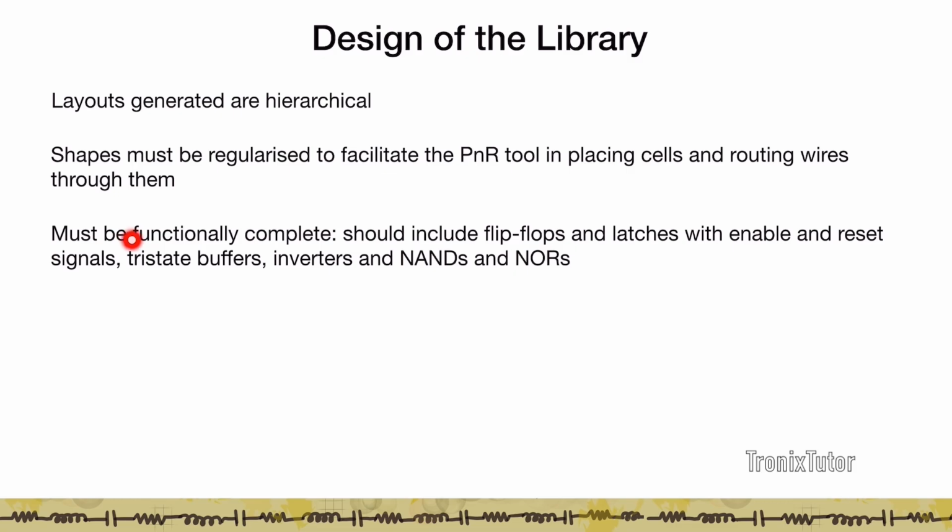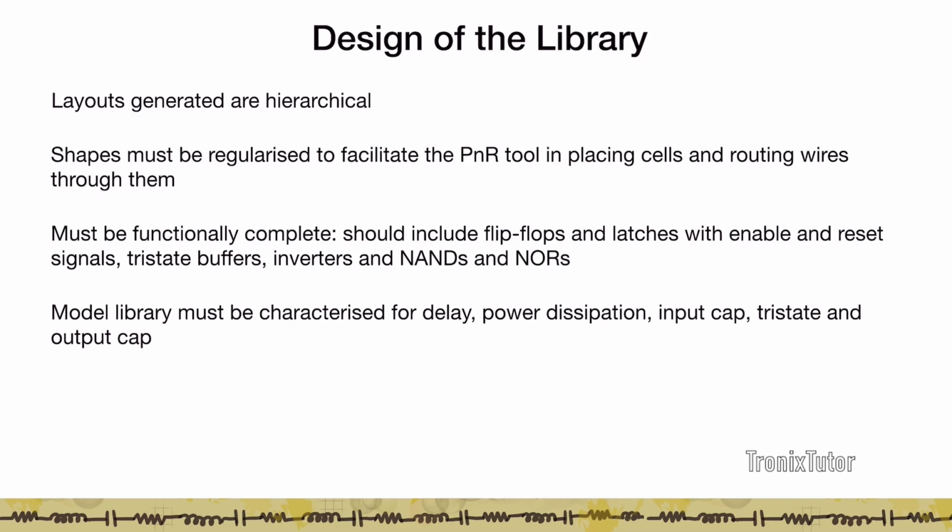Now, as I said, the design library has to be functionally complete, which means it needs to include flip-flops, latches with the proper signals, so enables and reset signals. It needs to have tri-state buffers, inverters, and the NANDs and NORs. And this library must be characterized for the various features that we care about in the design.